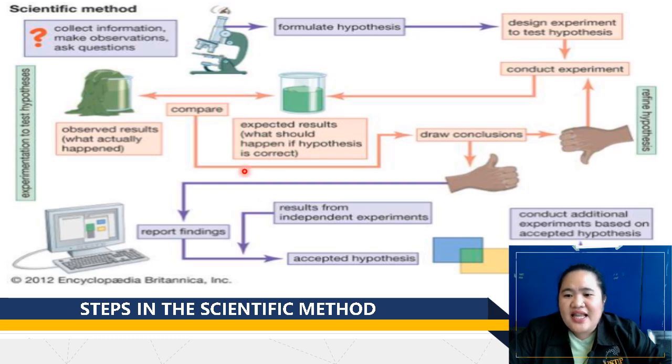Okay? So for instance, my hypothesis here is the polluted water of Bitanag Creek kills fishes. Okay? Bitanag Creek is fresh water, right, it's not salt water, not the sea. So freshwater fishes. So you saw during your experiment, class, that it actually kills the freshwater fishes, no? So you're going to accept your hypothesis.